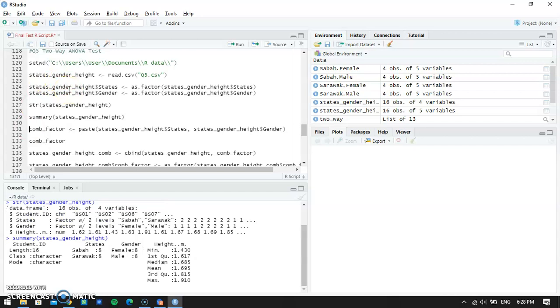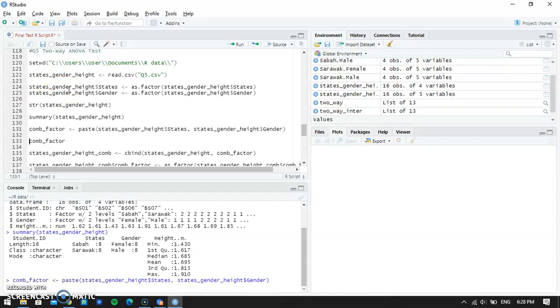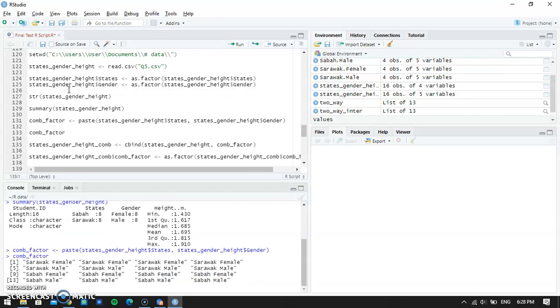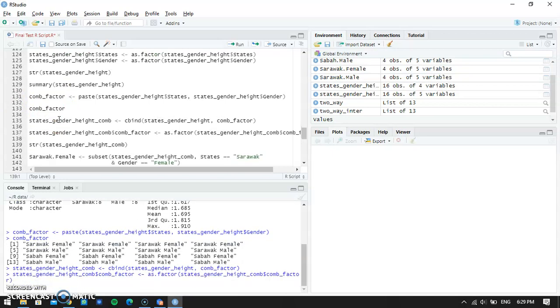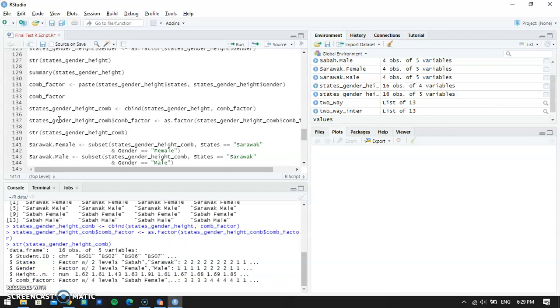Then I made a combined factor. Combined factor are as follows: Sarawak female until the Sabah. Next, I converted the combined factor into factor, and this is the newest structure of my data.